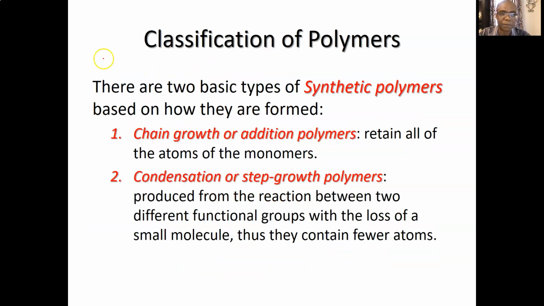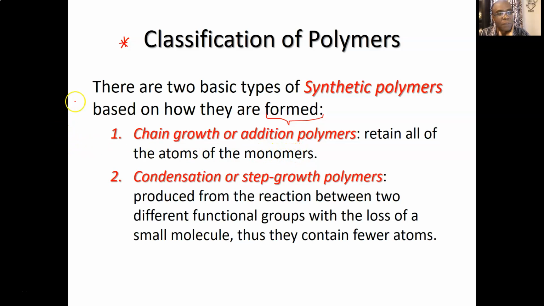So let's classify polymers. Polymers can be classified in so many ways. You can classify them based on how they are formed. You can classify them based on structural composition, which is how I named it as homopolymer or heteropolymer.